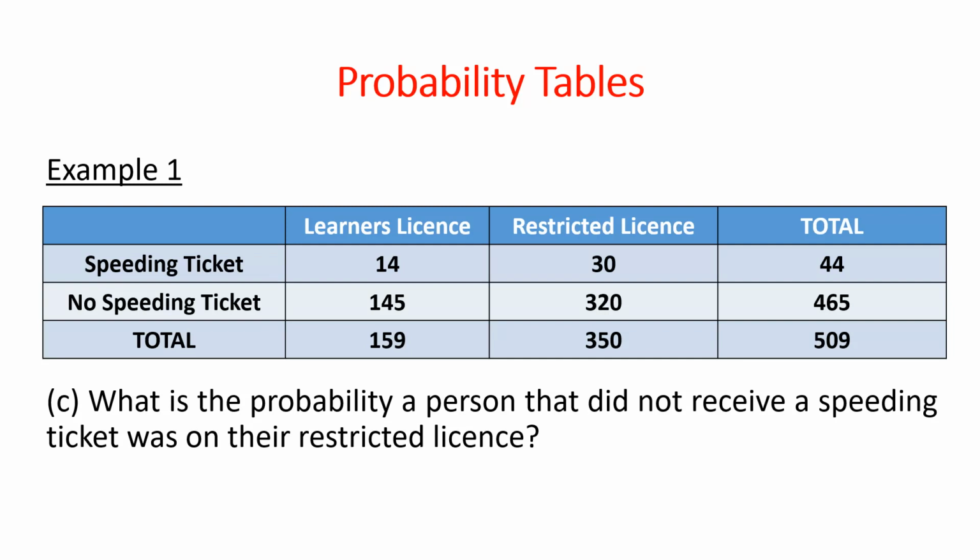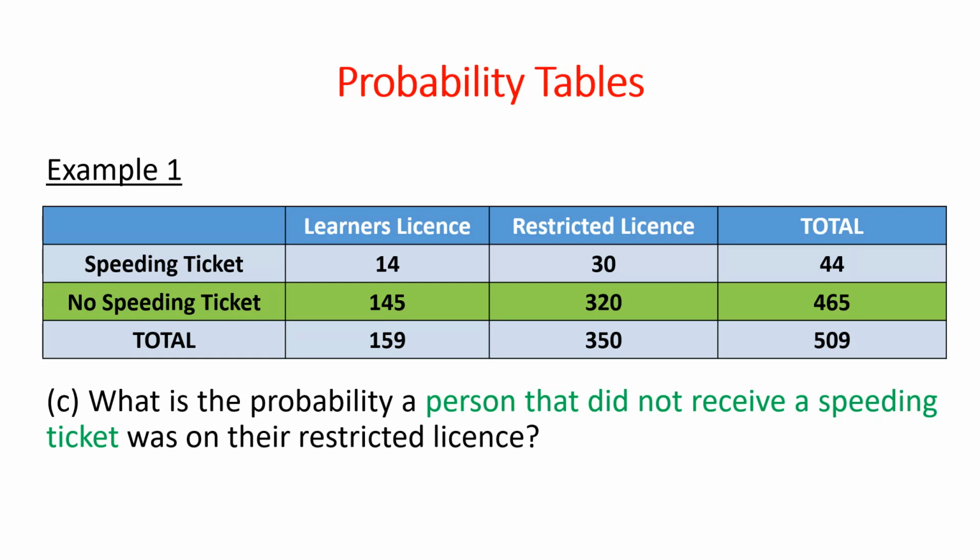All right, part C. What is the probability a person that did not receive a speeding ticket was on their restricted license? So we're back to conditional probability because we're talking about a person that did not receive a speeding ticket. So let's zone in on the table and look at those that did not receive a speeding ticket, which are these people here.